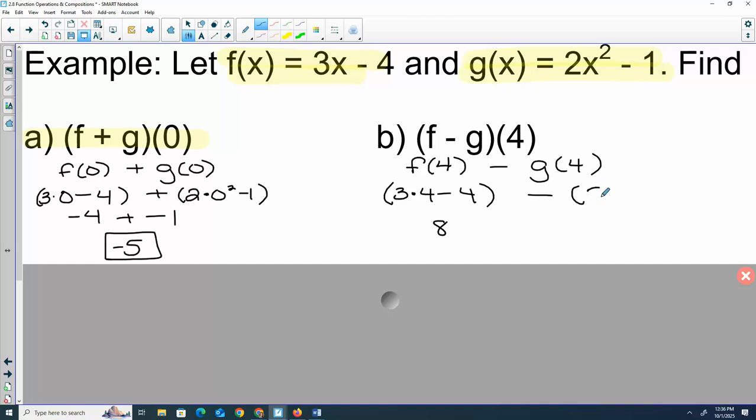I put a 4 into g, 2 times 4 squared minus 1. So 16 times 2 is 32, minus 1 is 31, so 8 minus 31.